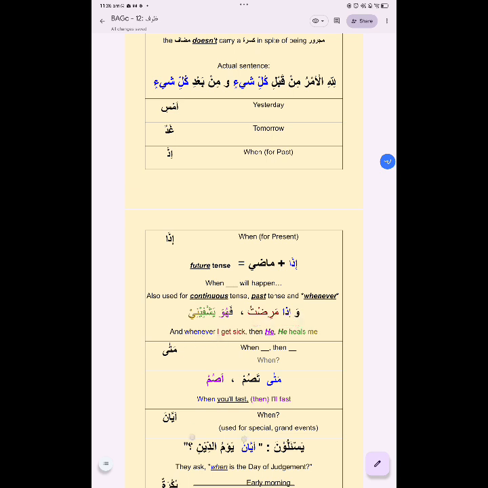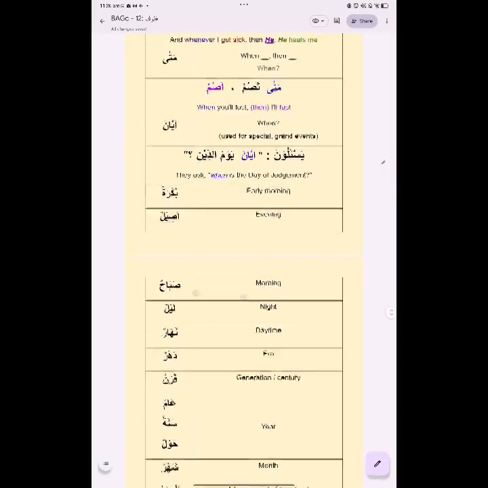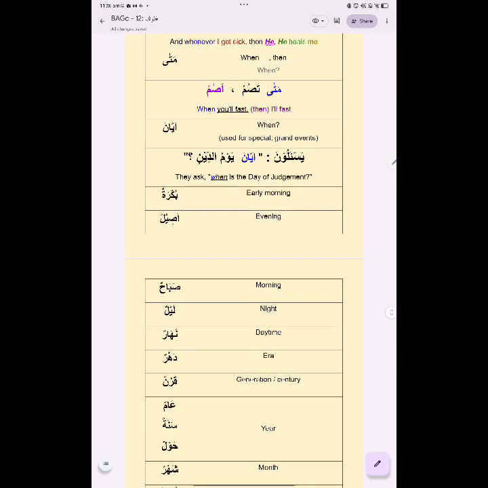Next, the word mata. It means when or then, or simply a question, when.